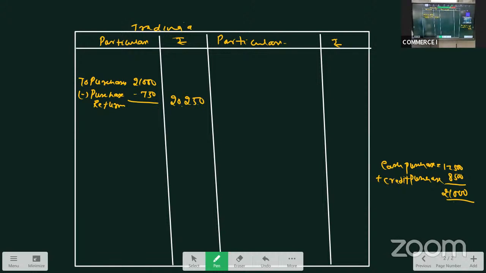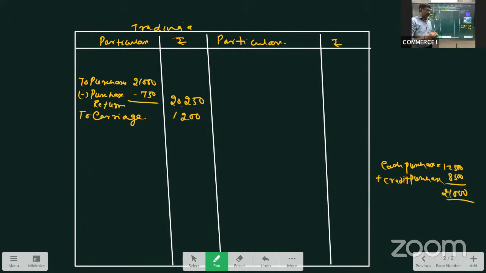Then we have carriage. Carriage also is a direct expense. Carriage is given as 1200. Then wages and salaries. See, if only wages are given, we take it in trading account. If only salaries are given, we take it in P&L account. But here it is a combination.